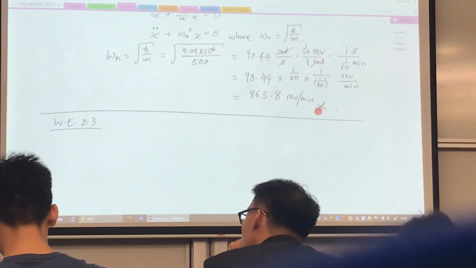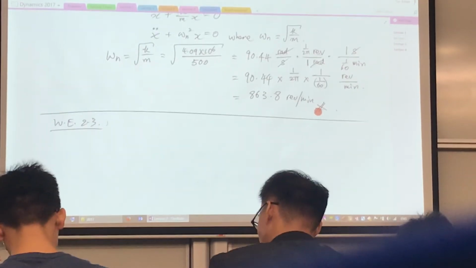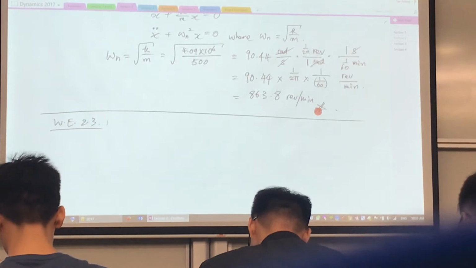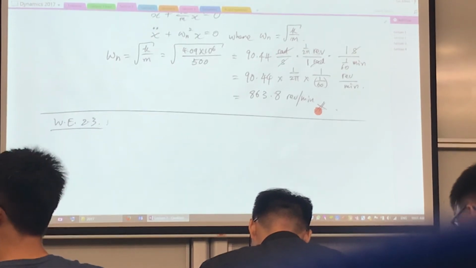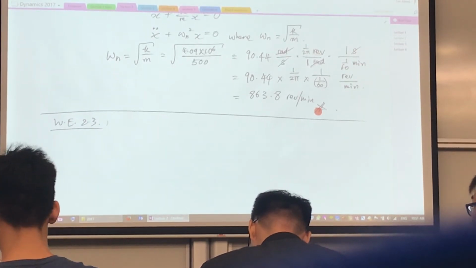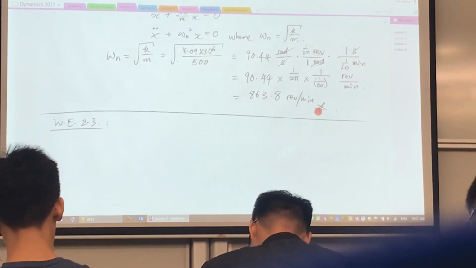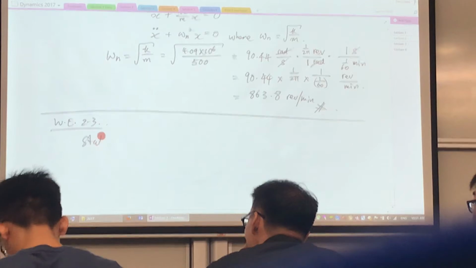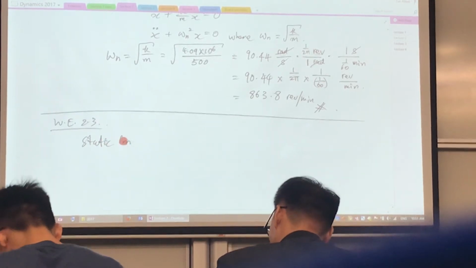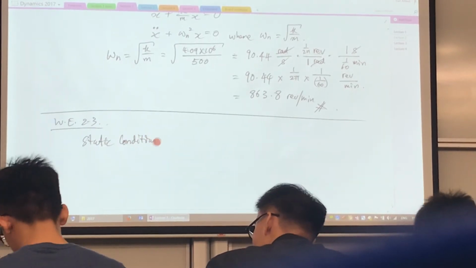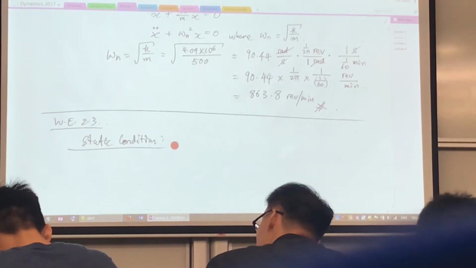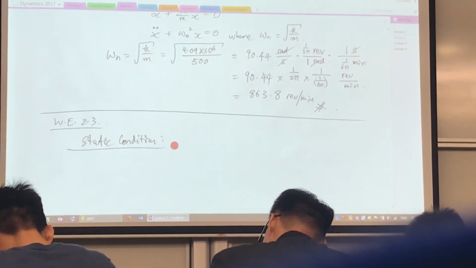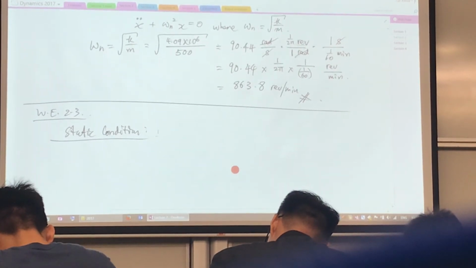So we're not going to cut the spring anymore, because you would know how to do it. We're going to jump straight into the static condition. But I'll do a sketch of that static condition.